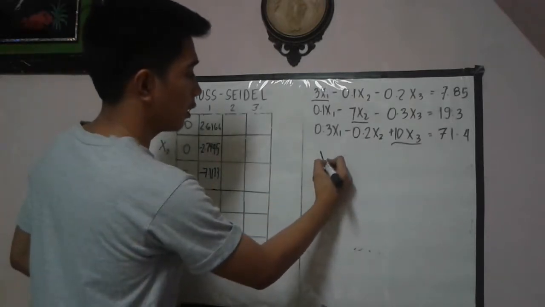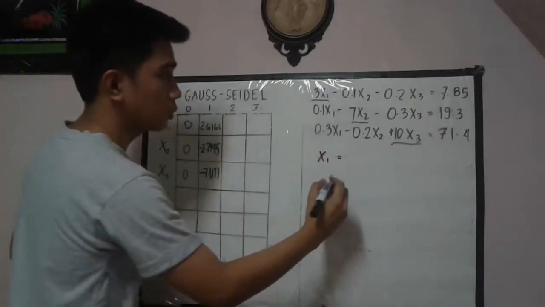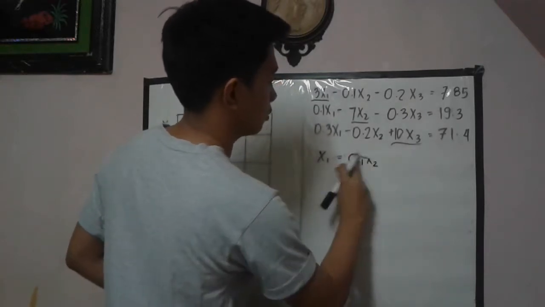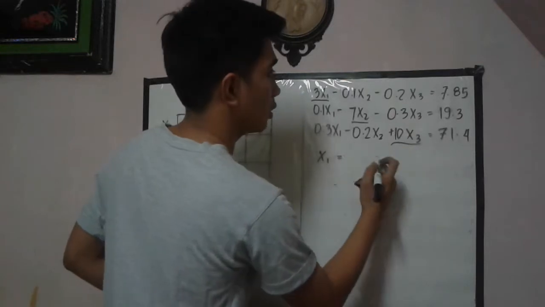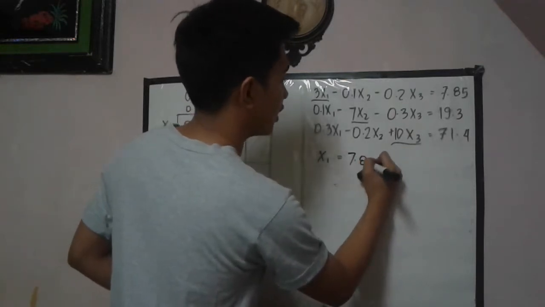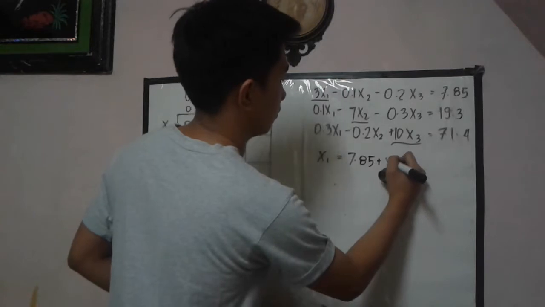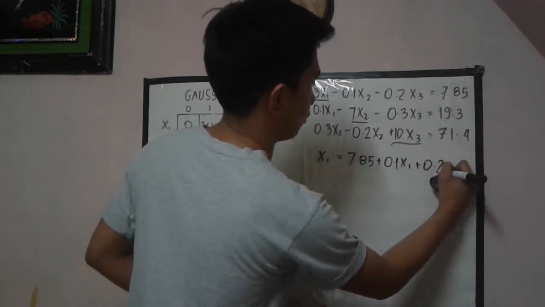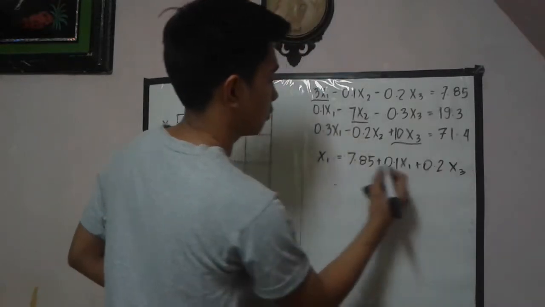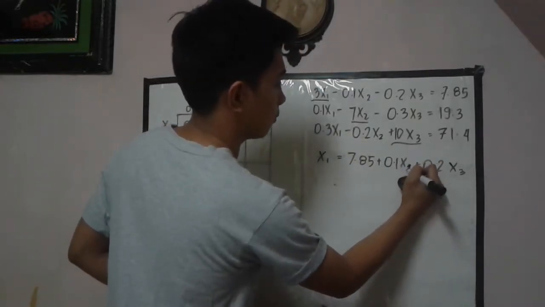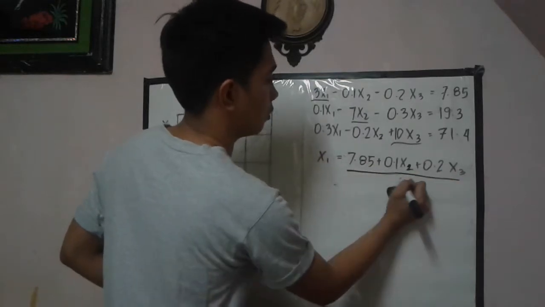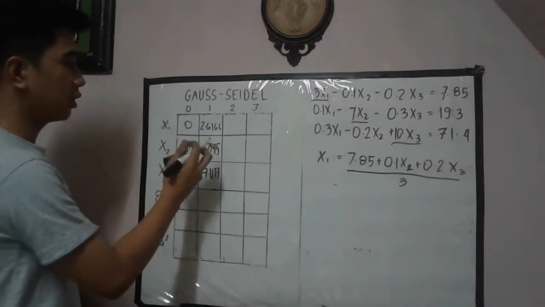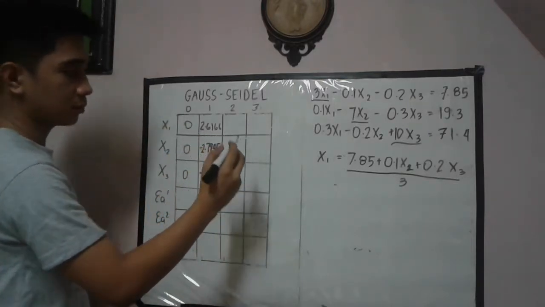To do this, x1 is equal to 7.85 plus 0.1 x2 plus 0.2 x3 over 3. Substituting our initial values will give you the value of 2.6166.